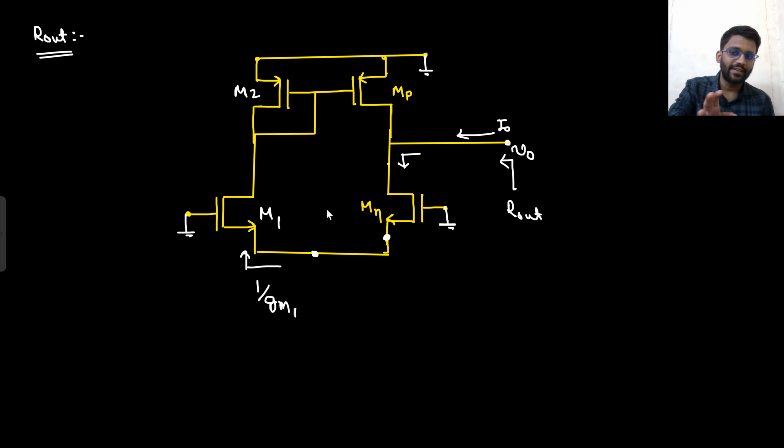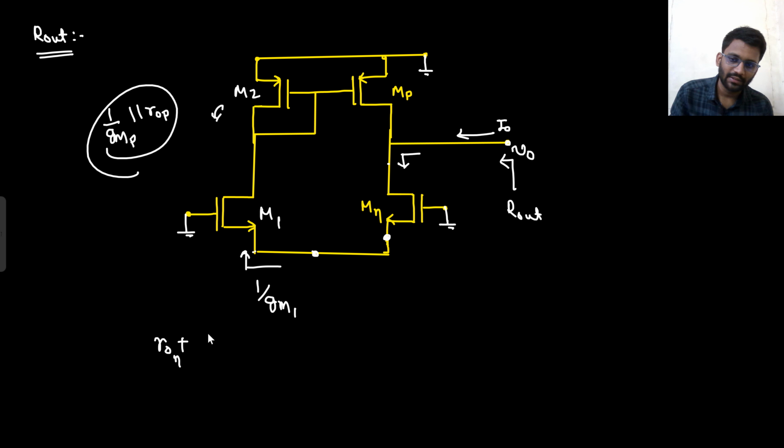If you need to write the exact one, what you need to do? First, you need to replace this circuit. You will replace this one as 1 by gmp in parallel with r naught p. And then you go from source to drain. If you are going from source to drain, you will write r naught n plus this resistance, divided by 1 plus gm r naught n.